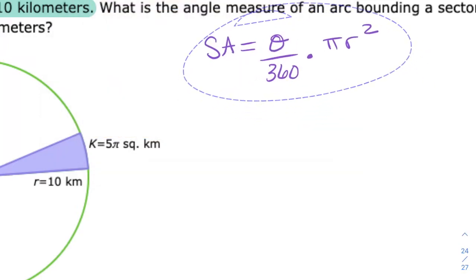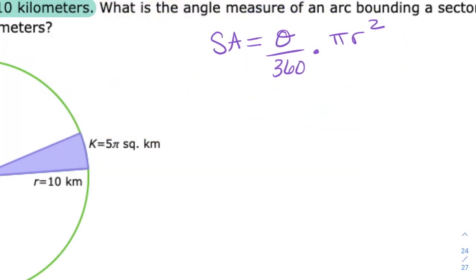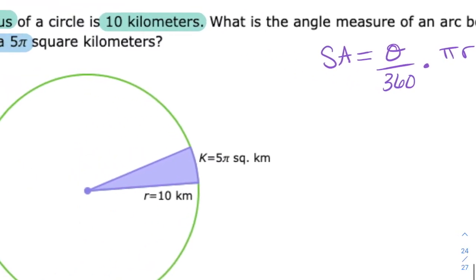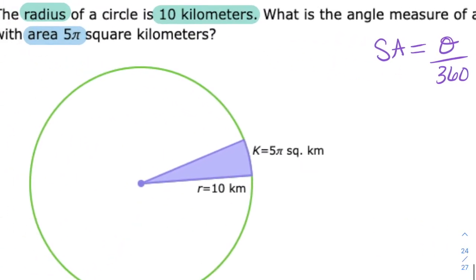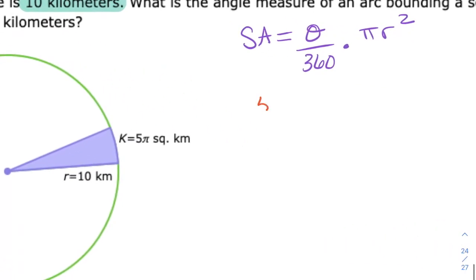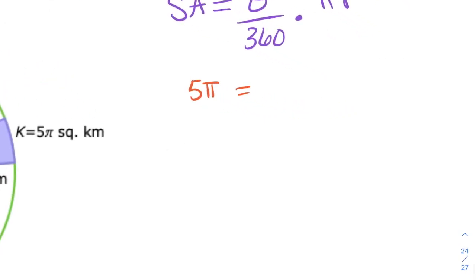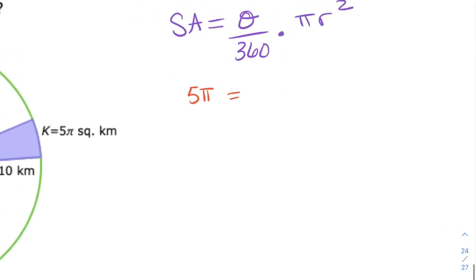It's going to be 5 pi, area of 5 pi square kilometers. That's equal to, you know what, I'm going to leave the units out because I know what the units are going to be. So 5 pi equals my angle over 360 times pi times 10 kilometers squared.